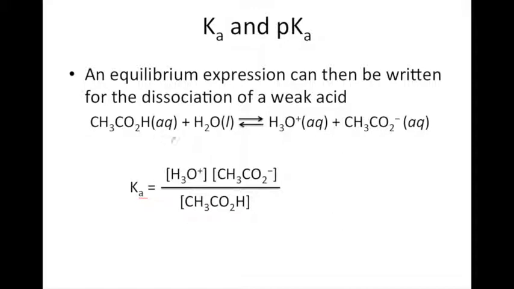So if we wrote the dissociation equilibrium expression for acetic acid in water, it would be the concentration of hydronium times the concentration of acetate, divided by the concentration of undissociated acetic acid. And again, water is a pure liquid, so we would not include that in here.